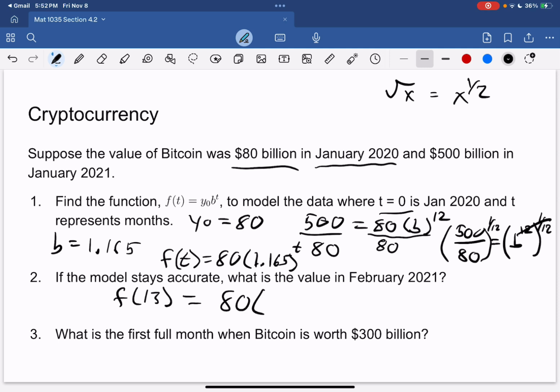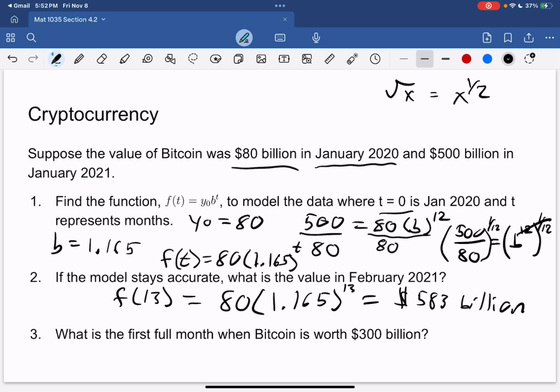I just plug t is 13 into my function, evaluate it in the calculator, and I get 582, we'll call it 583 billion. Okay. So in February 21, 583 billion would be the value of Bitcoin.